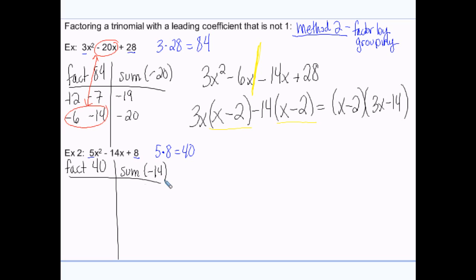I'm going to find factors of 40 that add up together to give me a negative 14. 4 and 10. So I want a negative 4 and a negative 10, and that's going to give me a negative 14. So I'm going to take this negative 14x out and put this negative 4 and negative 10 in.